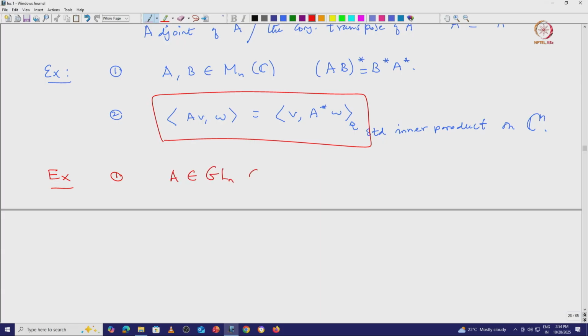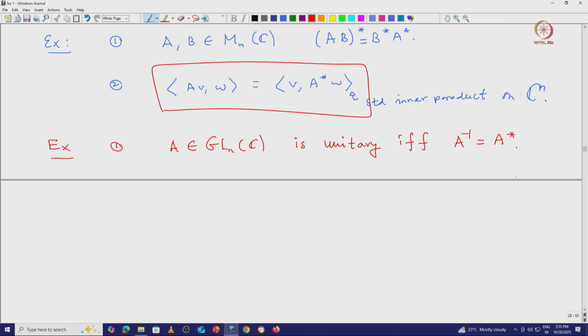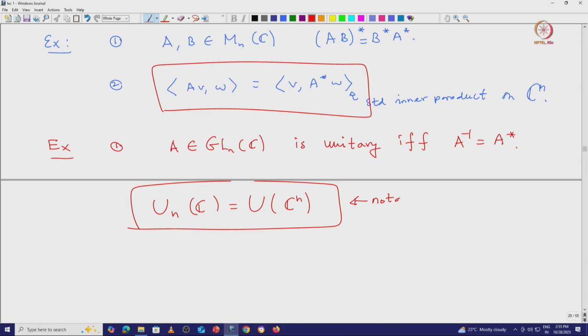So, let us take an invertible matrix A, and it is unitary if and only if, in terms of the adjoint, A inverse is the adjoint of A. We use the notation U_n(C) for the unitary matrices acting on C^n. This is the notation which will be used later.